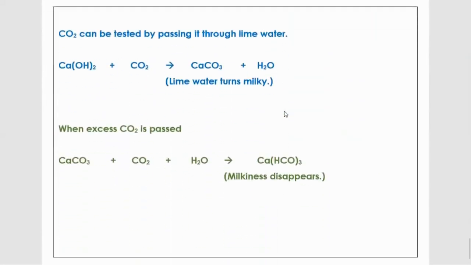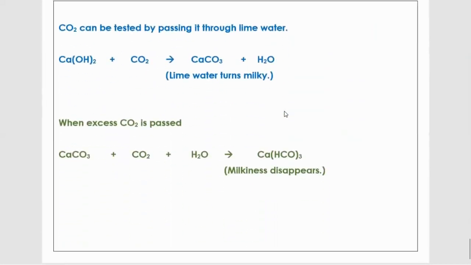And you see, this is the last slide. There is the question: how can you test the presence of carbon dioxide gas? The same equation you can get in your textbook. Carbon dioxide gas can be tested by passing it through lime water. The chemical formula of lime water is Ca(OH)2, calcium hydroxide solution.